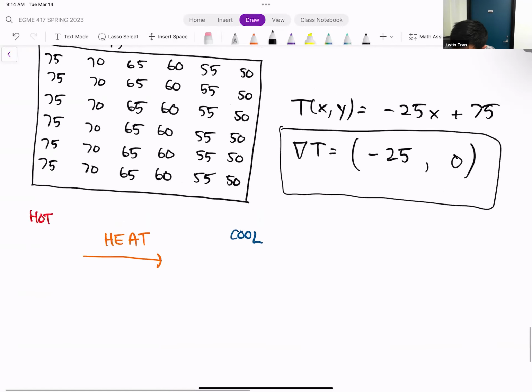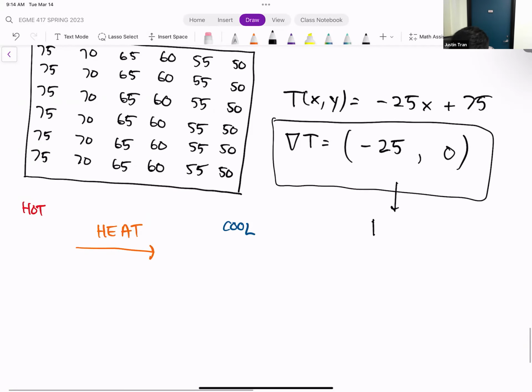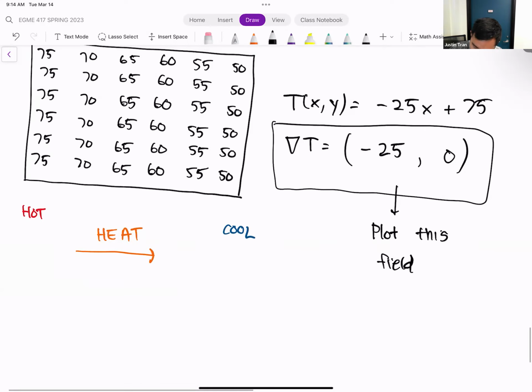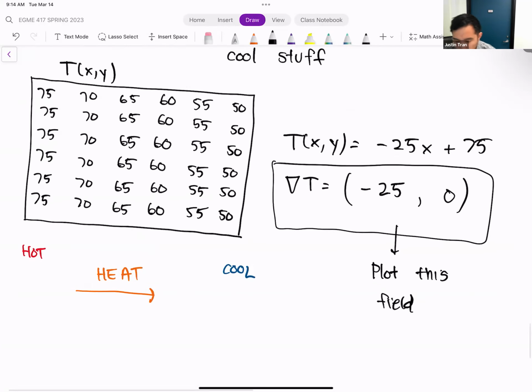So let's plot this. Up here, we have the temperature field T of x and y. Let's plot the gradient field, where each gradient is going to be represented by an arrow.